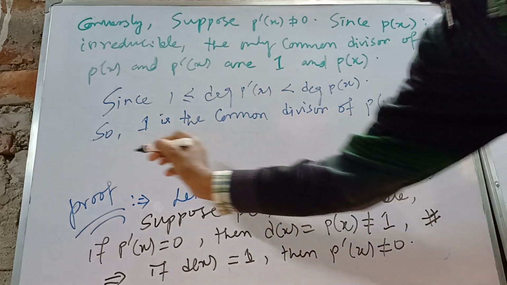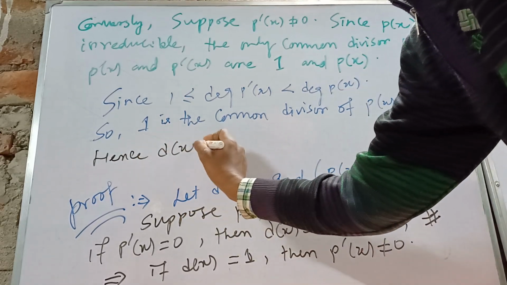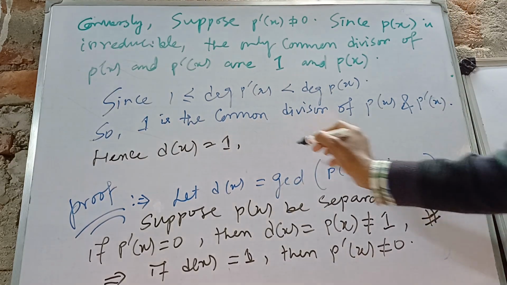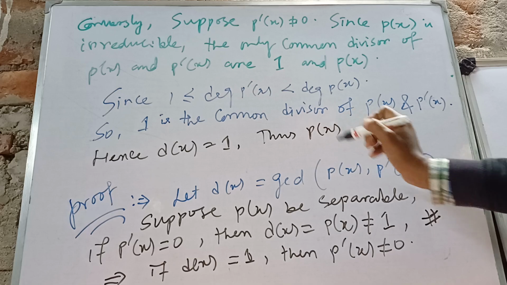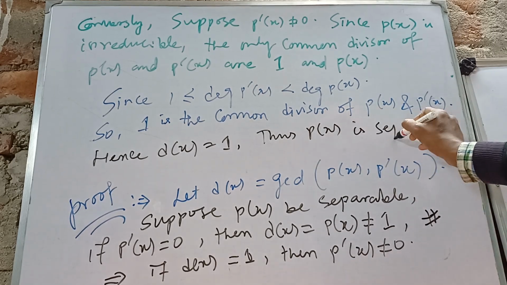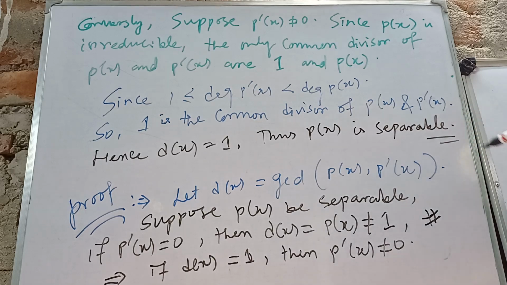Hence d(x) equals 1, thus p(x) is separable. That means p(x) and p dash x have only 1 as a common divisor, so no common root. So p dash x can't contain multiplicity of any root, so obviously p(x) is separable, not a problem at all.